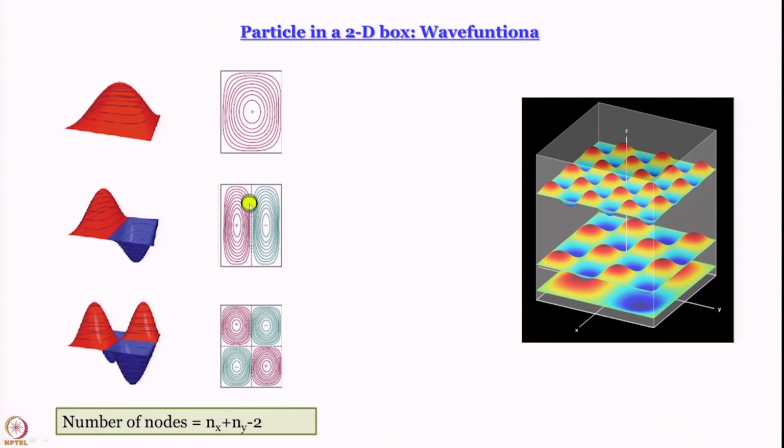A node here turns out to be, in the contour diagram, actually a plane, you can see the nodal plane here. Node, remember, is where the wave function changes sign. So, this is the node. On this side we have contours, on this side also we have contours, but on this side the wave function is positive, on this side the wave function is negative, plus here and minus here.